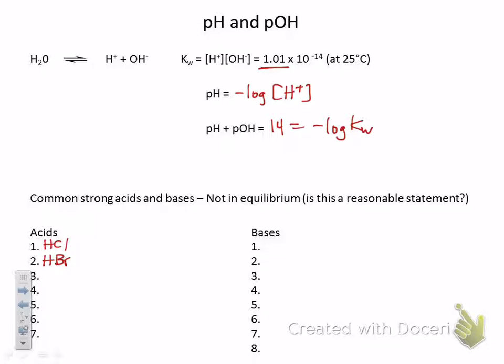We also know that pH plus pOH is equal to 14, which is equal to the negative log of Kw. We see up above, typed into the slide, that Kw is equal to the H plus ion concentration times the OH minus concentration, and that's equal to 1.01 times 10 to the negative 14.